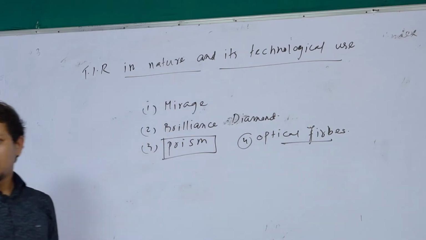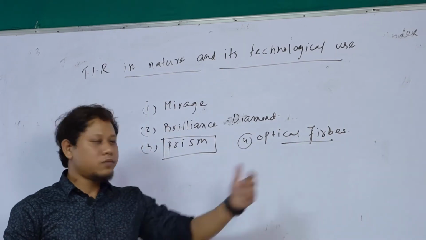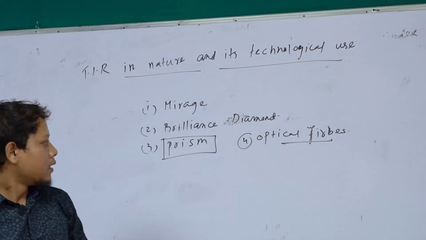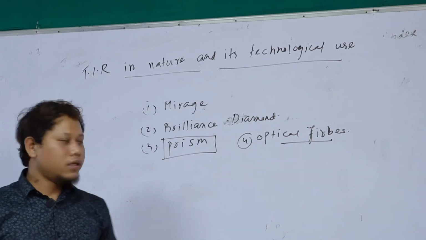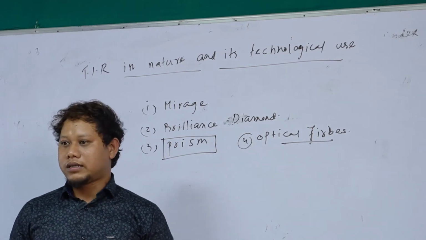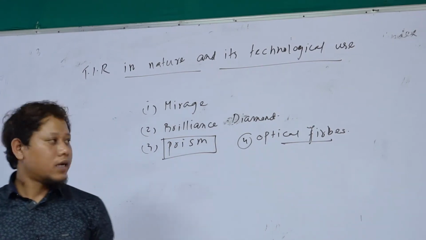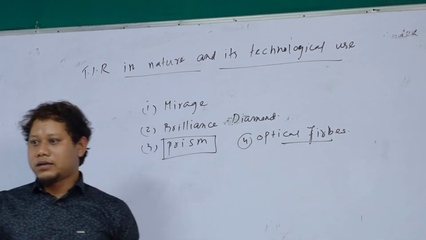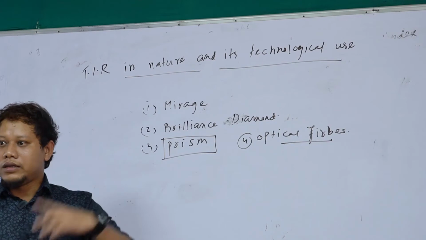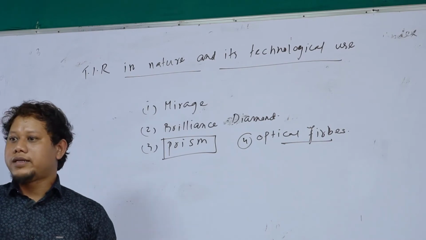I think you already know what an optical fiber is, because these days to transmit data from one place to another, in India also we are using high speed internet data like 4G, 5G, right? For all this kind of data transmission, we use optical fibers. The traditional one that we used in years before was known as coaxial cables.